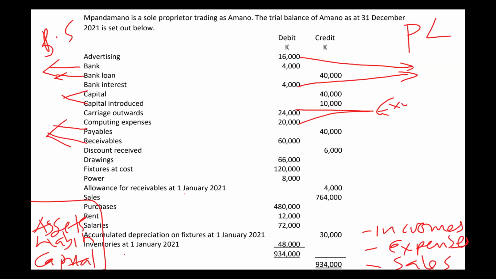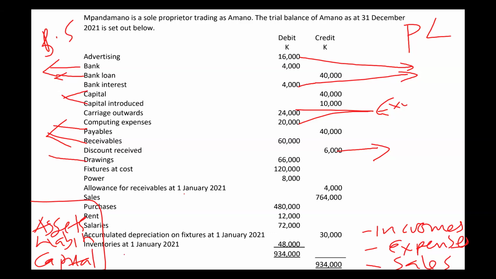Profit and loss, and then other income. Yes, this one is an income. What about drawings? Drawings fall under capital and they are subtracted from the capital. So where do they go to? The balance sheet.